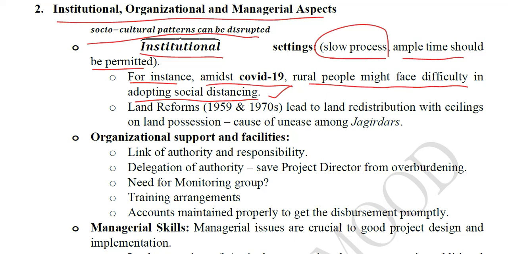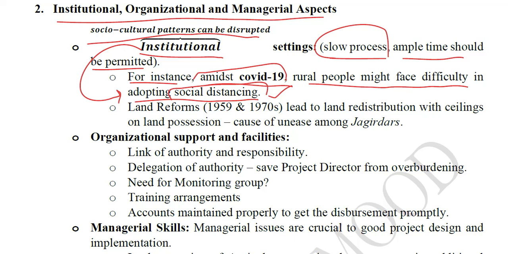So on the whole, they are less cautious, and if they are asked to follow social distancing during COVID-19, they will not be very welcoming or adopt it easily. Therefore, we are talking about a reform, an institution that is caused by some project. In this case, COVID-19 social distancing is being implemented, so there can be barriers in it.